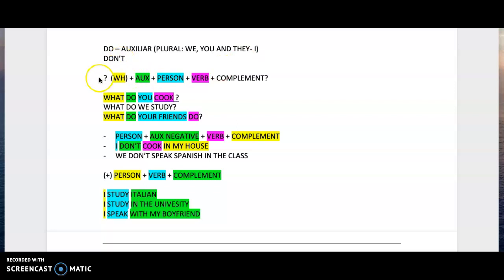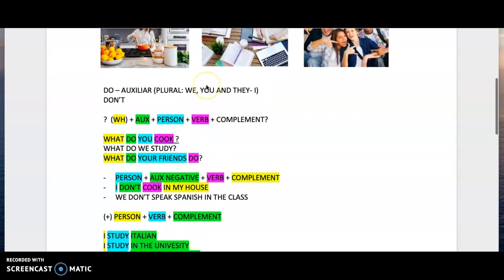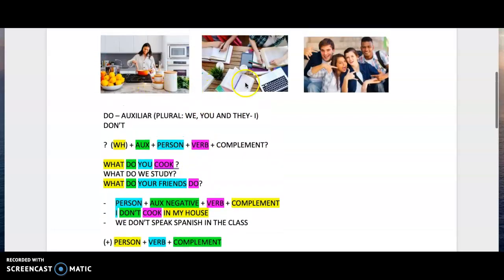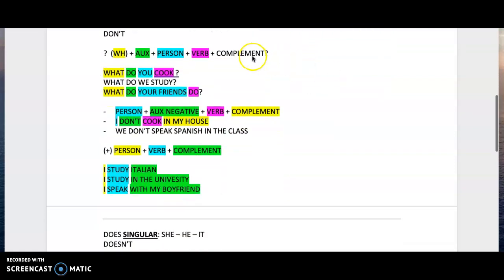So this is the formula for you to remember when you have an interrogative sentence. We have WH question, auxiliary do, the person or the subject pronouns, the verb, remember the verbs we study, cook, study, spend time with friends, and the complement.